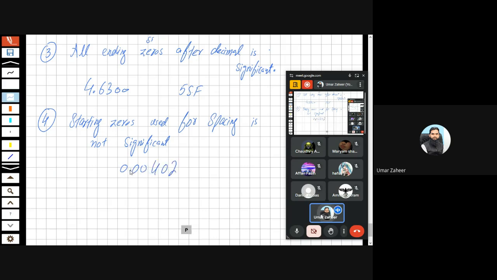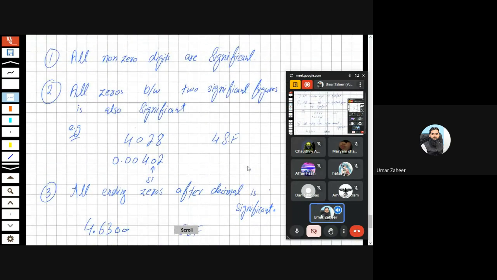These zeros are not significant because they are used for spacing. They are the starting zeros. So there are three significant figures here. 4 is significant because it is a non-zero digit. 2 is significant because it is a non-zero digit. 0 is significant because it is between two significant figures. So in this number, you have three significant figures. Clear?